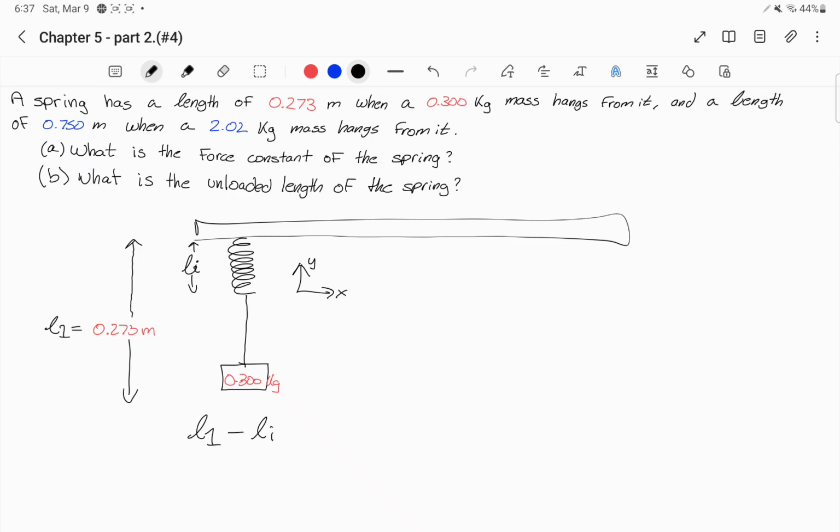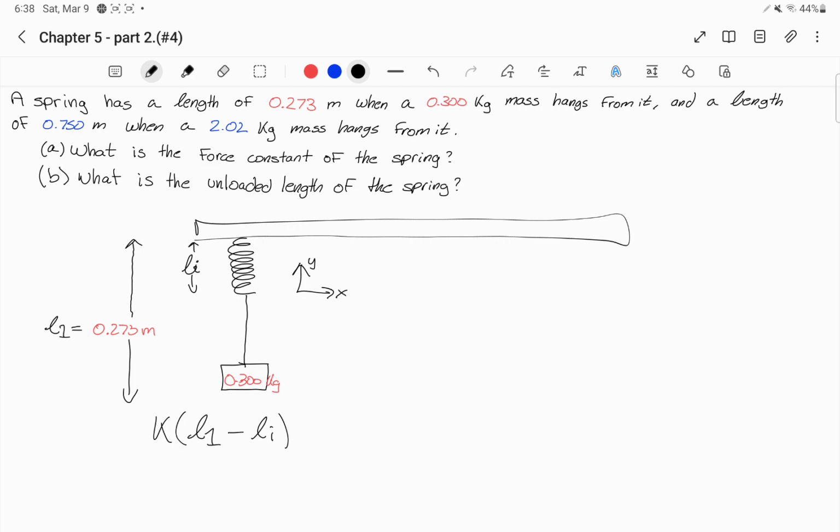Now, for the case that the mass stretches the spring to that total length of L1, the force exerted on the mass by the spring would yield the equation K times that stretch, because the mass is not touching the floor.